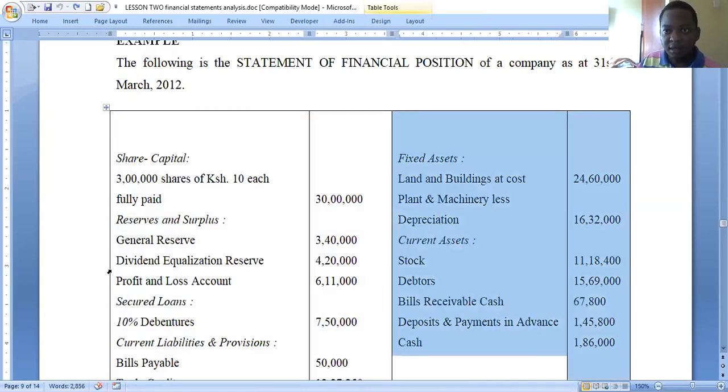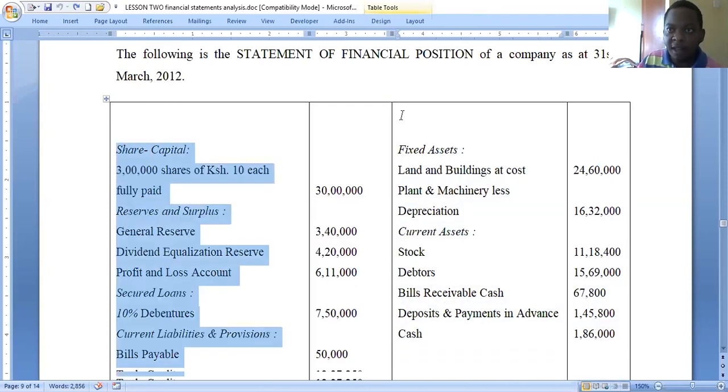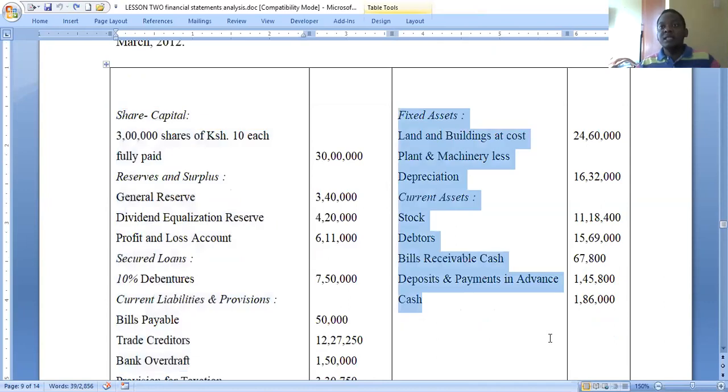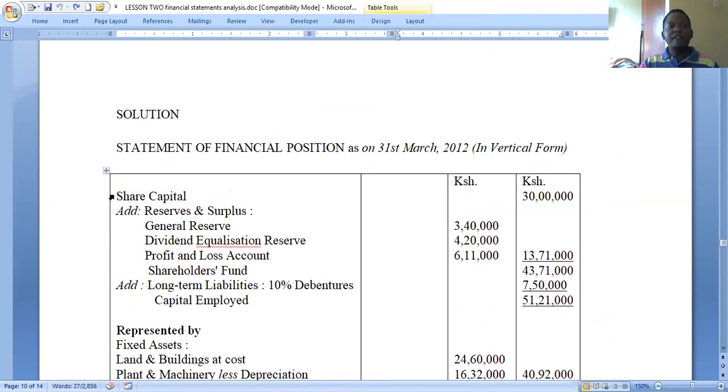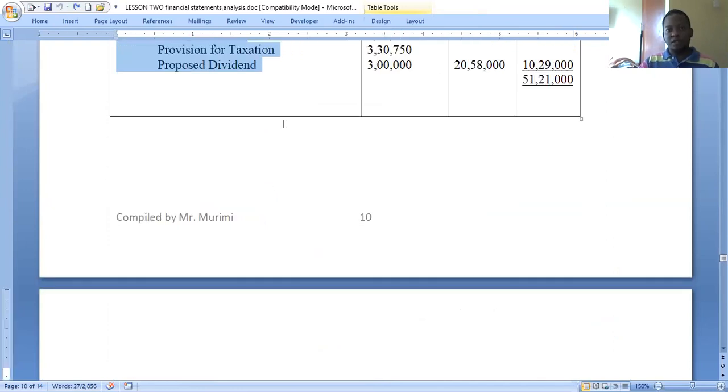Here we have the particulars in this column, and here we have other particulars in another column. This is a horizontal approach, something prepared like a landscape. Whereas the vertical approach is like this one, whereby you have all the particulars in a single column. So this is a vertical approach.